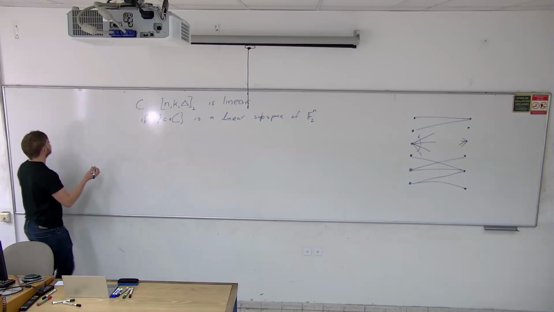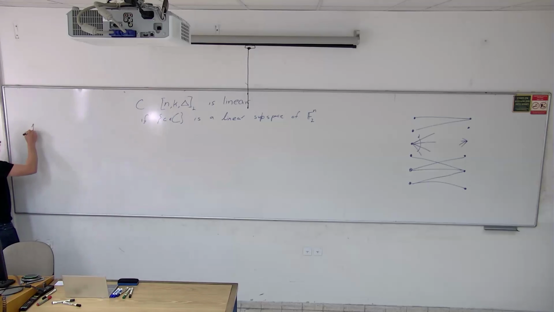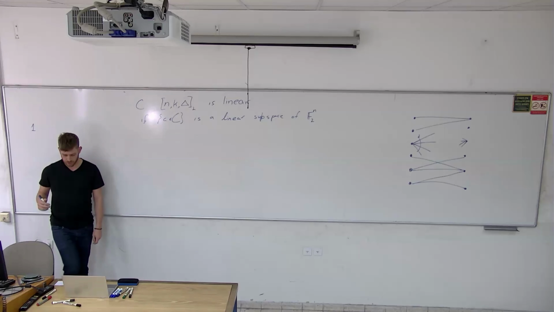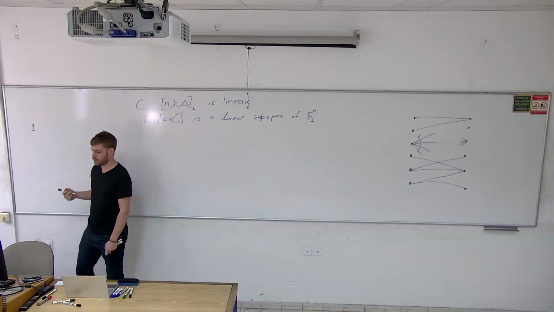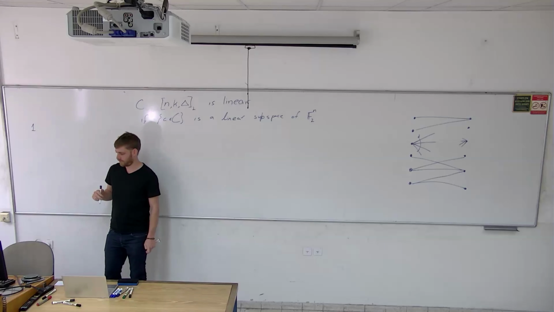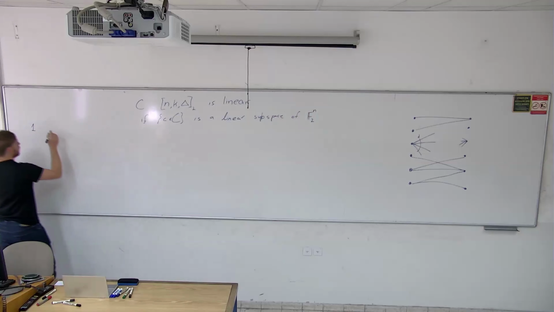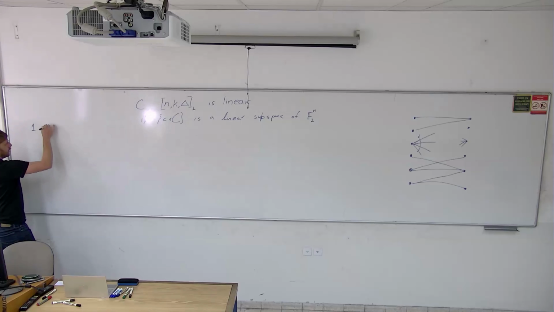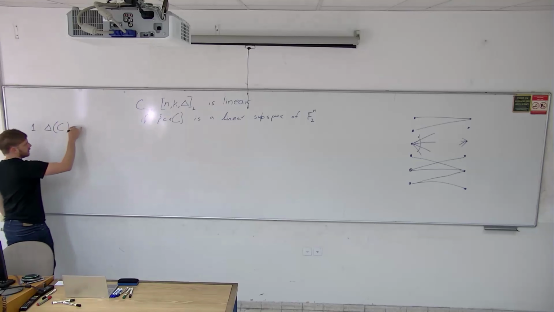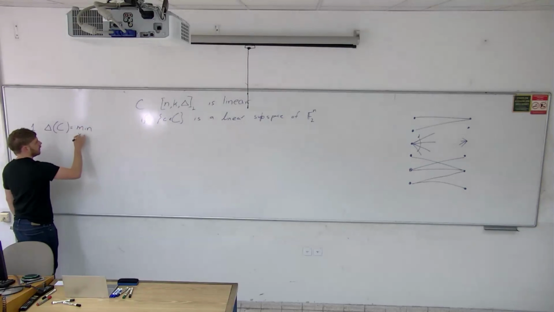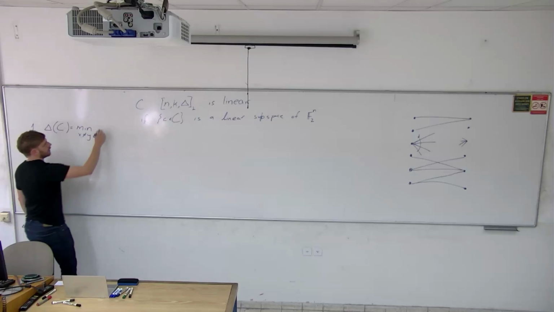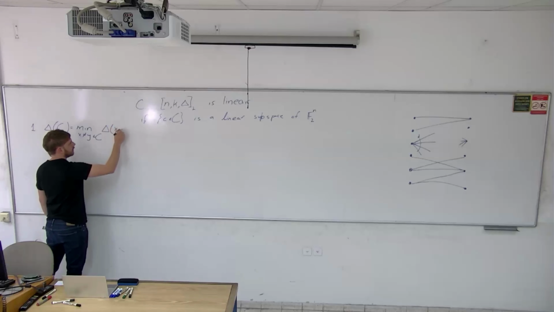Okay, and what do we know about linear codes? Three important facts. First, how can I characterize the distance of the code in a linear code? Minimal weight. Yes, so the distance of the code C is by definition the minimum over all x and y in C of the distance between x and y.